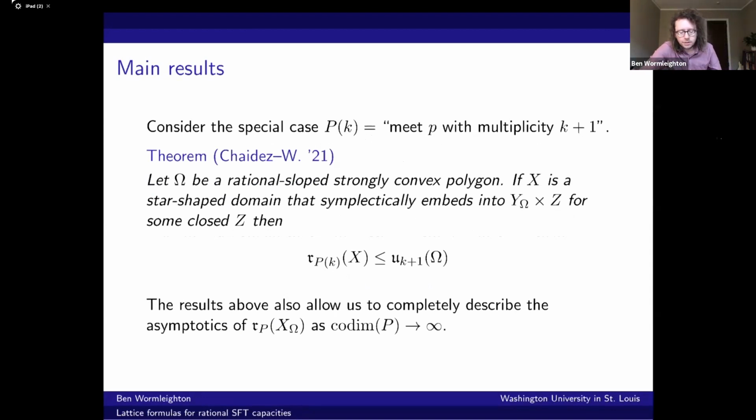One of the advantages of Siegel's capacities is that they behave well with respect to stabilisation or taking products. So in the special case where we look at a tangent constraint just at a single point, call it P of K, this is the constraint: you meet a point P, a single point P with multiplicity K plus 1.